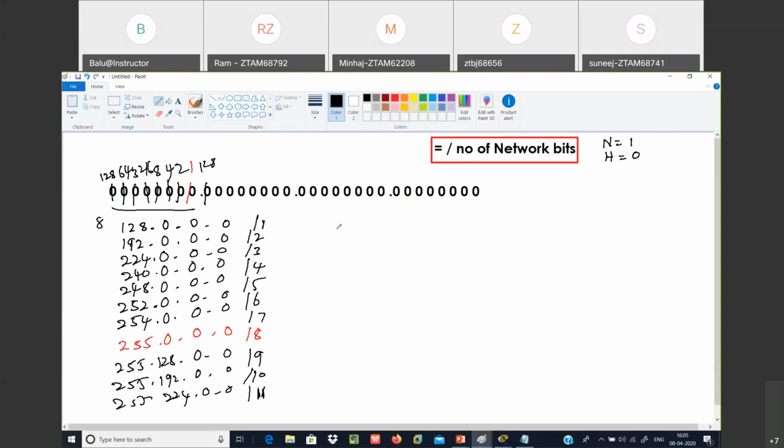This is a very important certification question. 255.255.230.0: is this subnet mask a default subnet mask or a customized subnet mask?